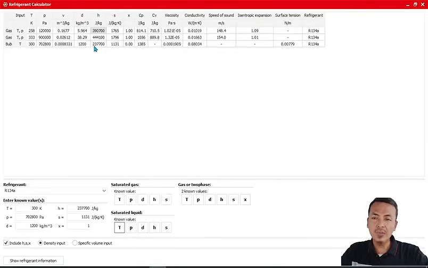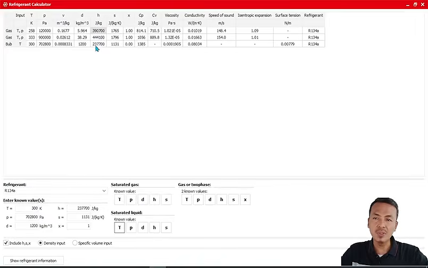So for H4 after the expansion, for practical vapor compression, usually the expansion is in the isenthalpic condition rather than the isentropic. So the condition H4 has equal value with the H3.